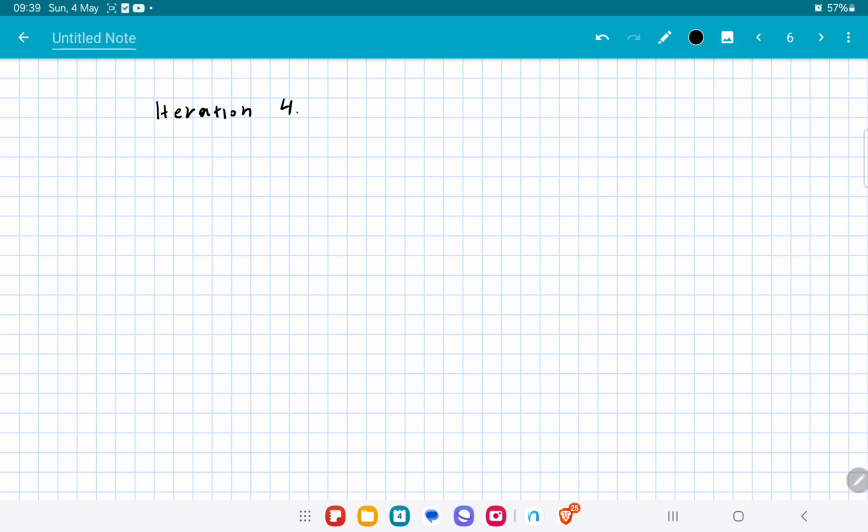Iteration number 4 is the following. We have 0, 3, 3/4, 3/2, and here is 1.125. My a4 is going to be 3/4, and my b4 is going to be 1.125.